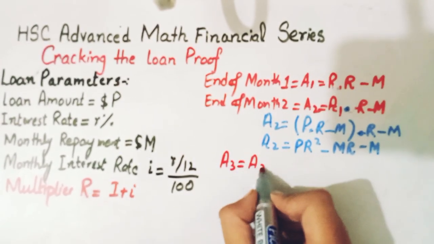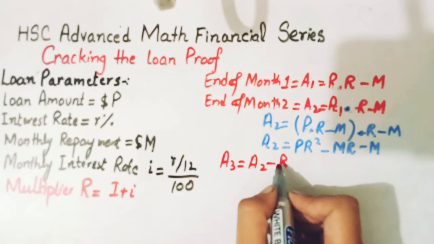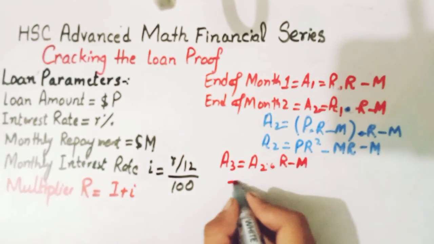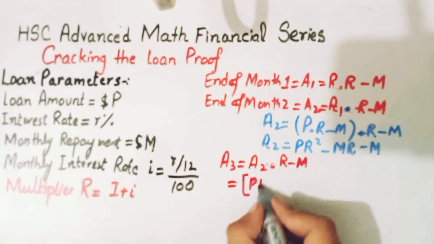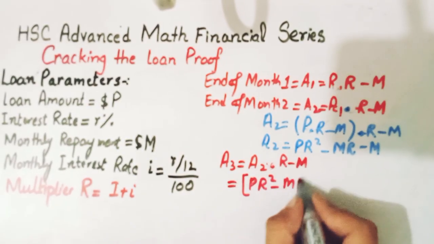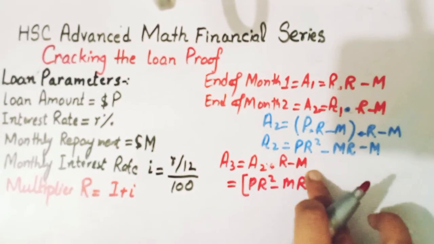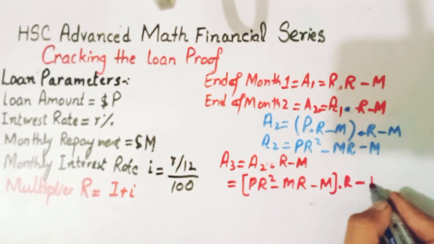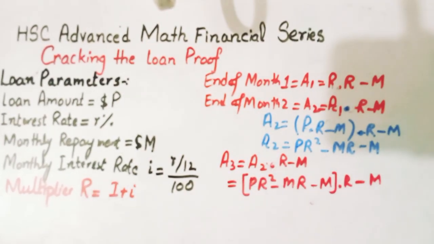Now at the end of 3 months, A3 will be A2 times R minus M. Substitute the A2 value, P R squared minus M R minus M, into R minus M. So what will it become?